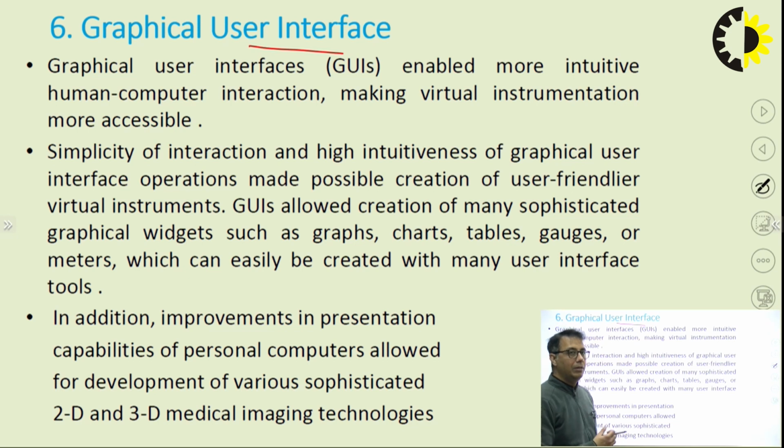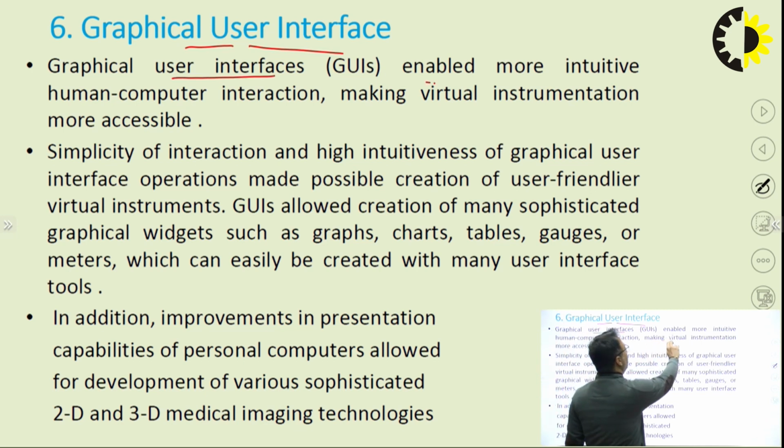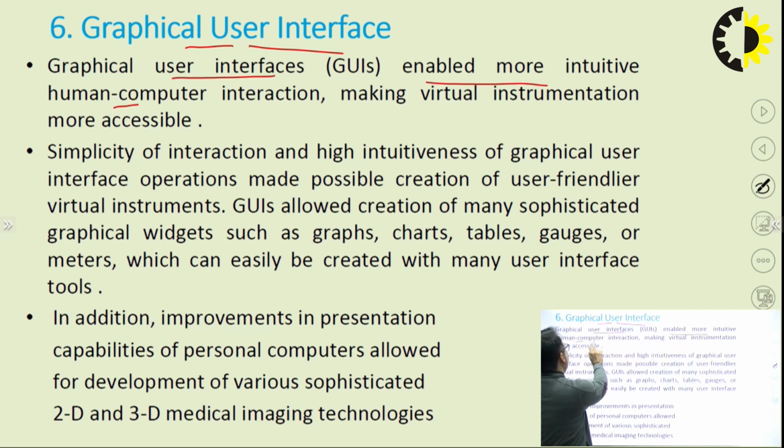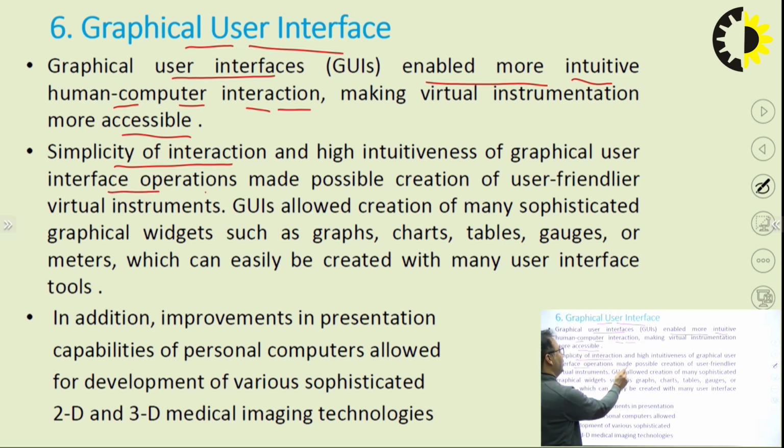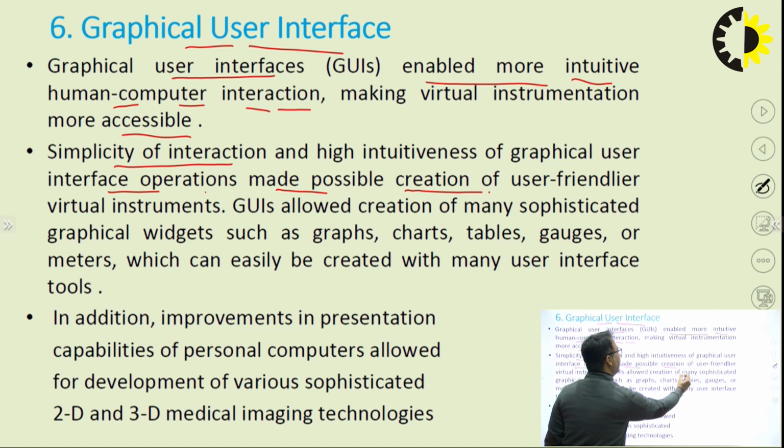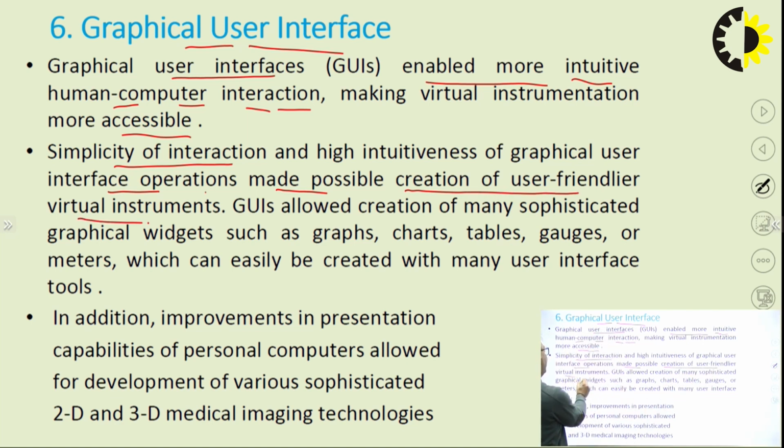Why have we inclined towards this GUI? Actually, the GUI interface enabled more intuitive human computer interaction, making virtual instrumentation more accessible, because here we can interact with the instrument in an intuitive way. Secondly, the simplicity of interaction and high intuitiveness of graphical user interface operation made possible the creation of user-friendly virtual instruments.